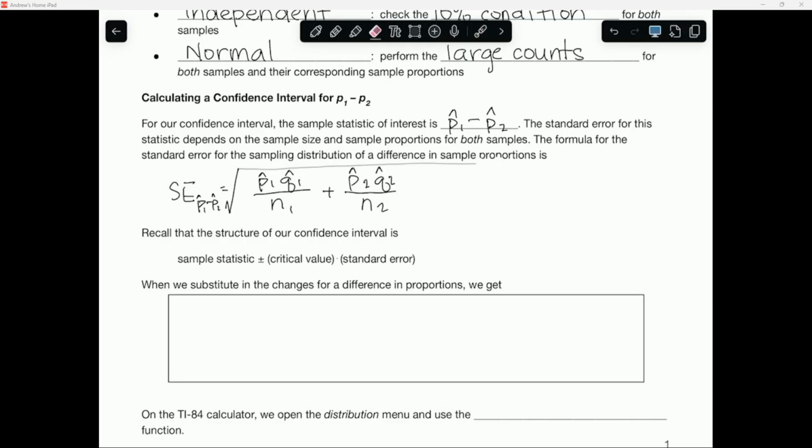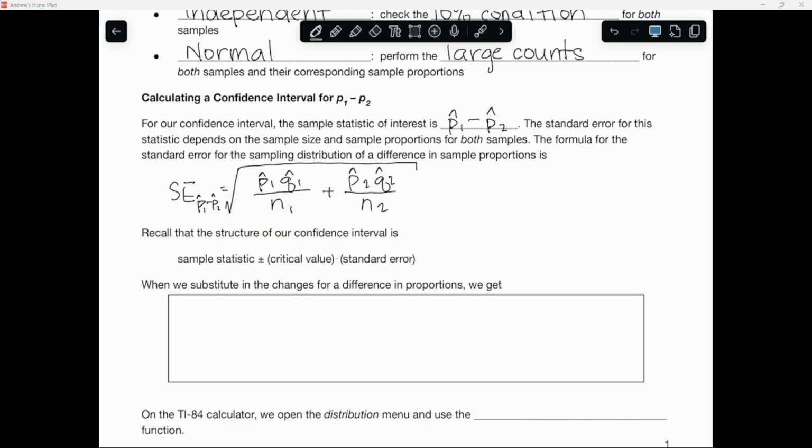My hope is that doesn't look too scary, because we notice that each of those individual fractions is the standard error for a single proportion, and now we're just adding them together under the square root. It doesn't look pretty, but it hopefully looks familiar.